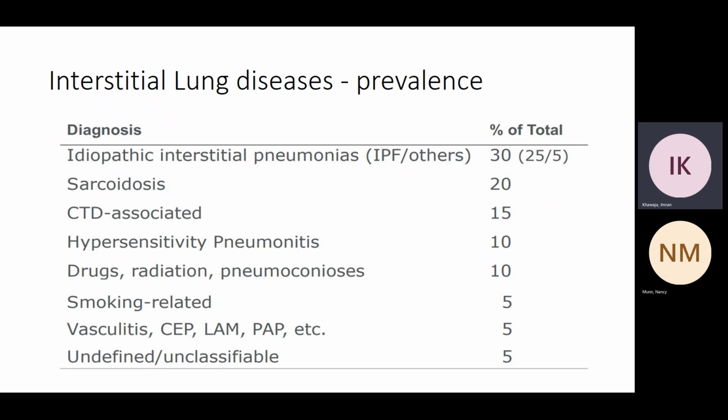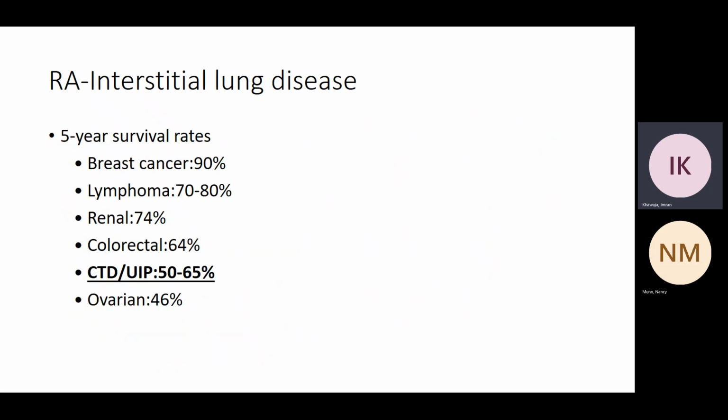This includes scleroderma, inflammatory myositis, rheumatoid arthritis, Sjogren's, all the connective tissue diseases. So 15% is caused by CTD-associated interstitial lung disease. And the mortality, or the survival.